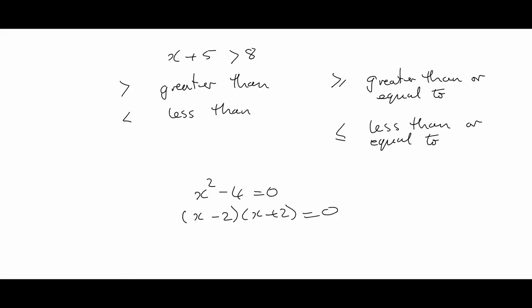Two things multiplied together can only equal 0 if one or other is 0. So either x minus 2 is 0 or x plus 2 is 0, so x equals 2 or x equals minus 2. Those are the only two values of x for which x squared minus 4 equals 0 is true.